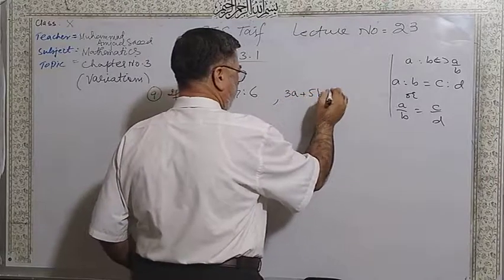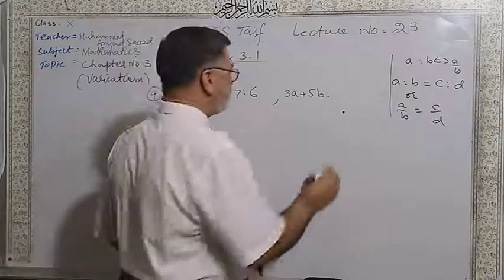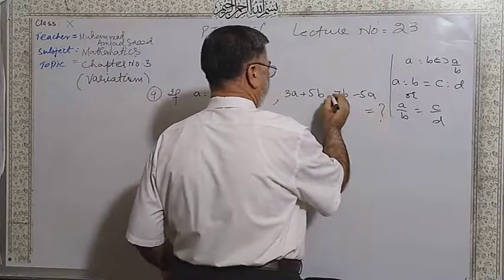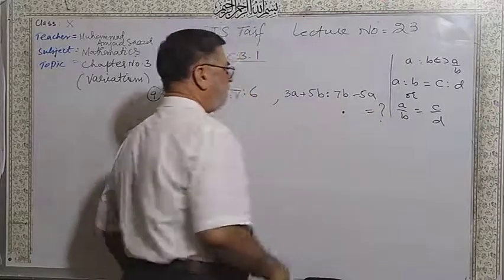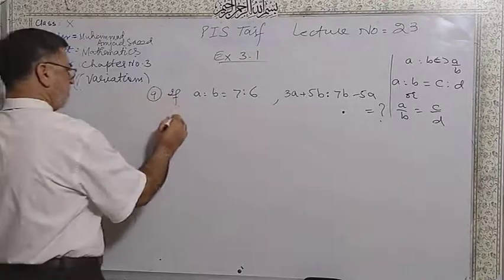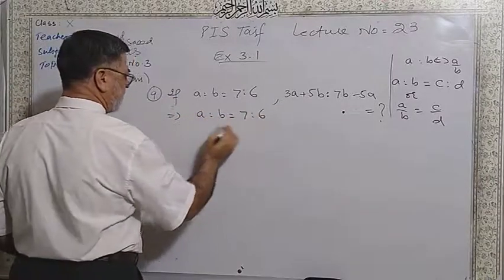3A plus 5B ratio 7B minus 5A. You have to find the value of this ratio. Here, you know that A ratio B is equal to 7 ratio 6.